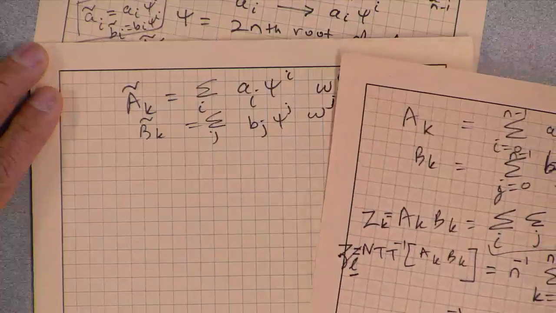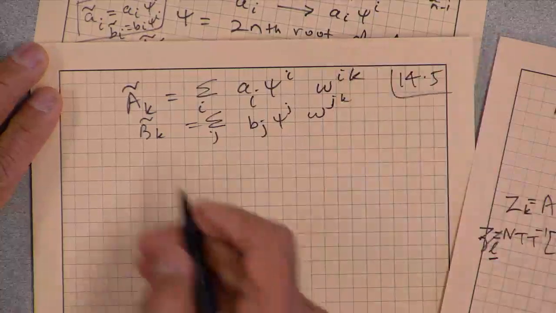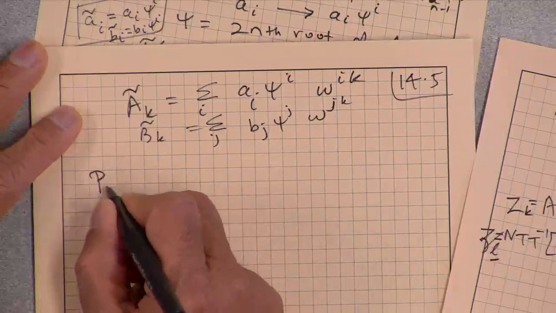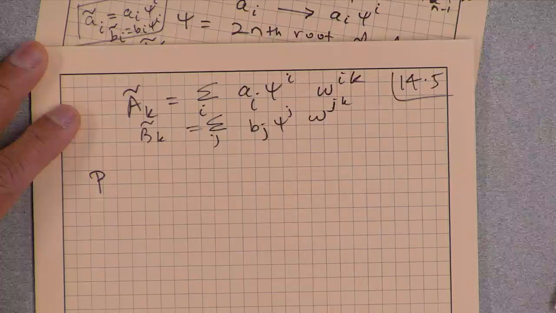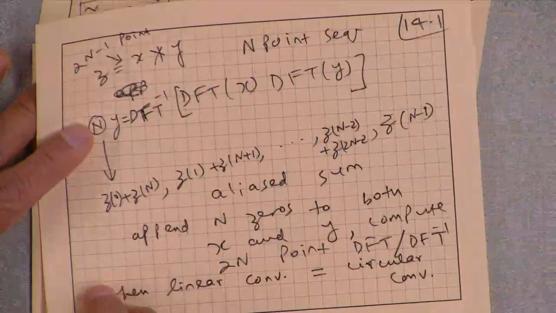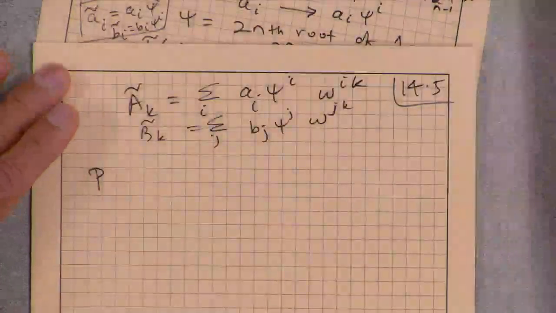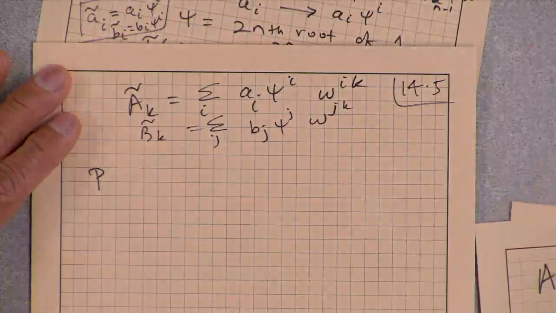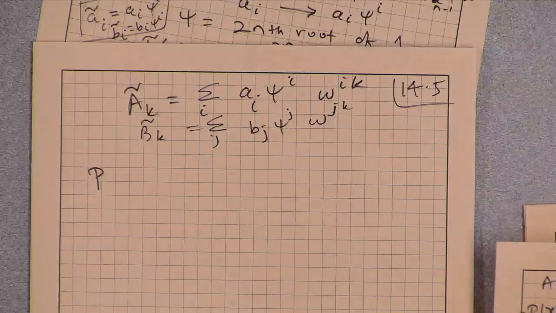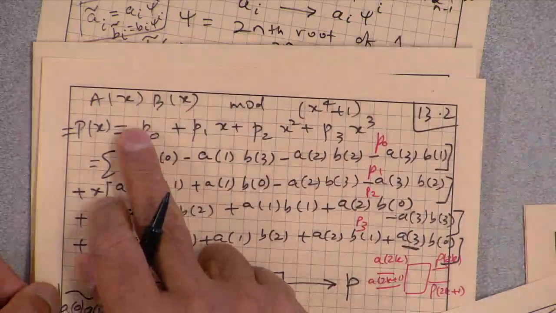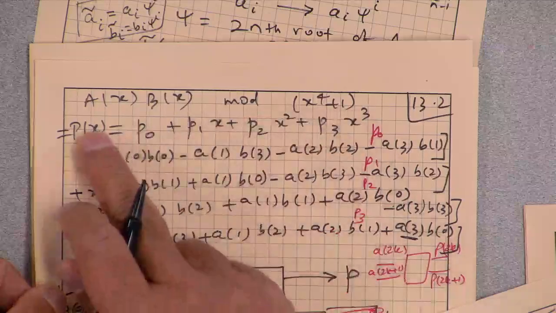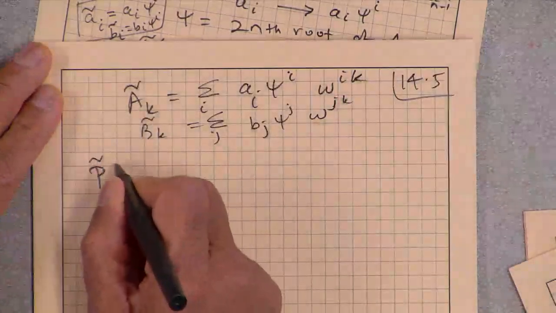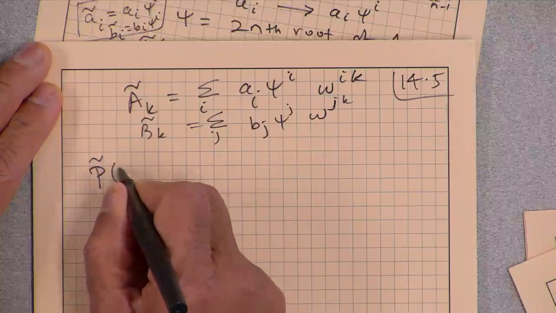Then I take the product A k tilde times B k tilde, and let's call that product P k tilde, because I want to denote the final result as P of x, the product of A x times B x mod x to the power n plus 1 is P x. So we are going to compute P tilde x.